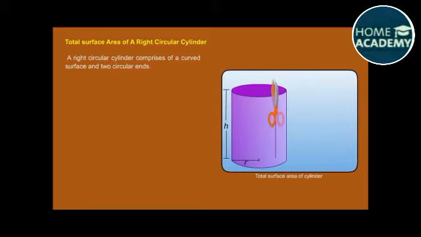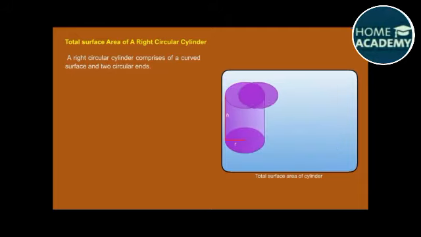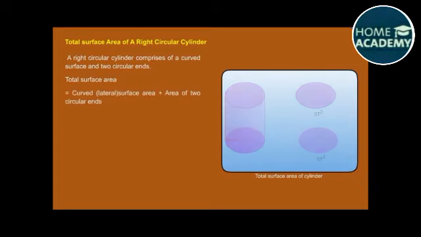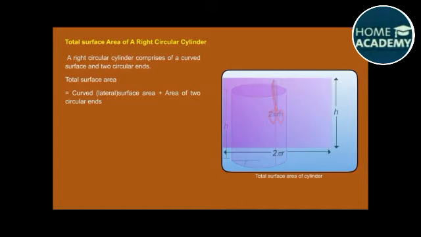Total surface area of a right circular cylinder. A right circular cylinder comprises a curved surface and two circular ends. Total surface area equals curved lateral surface area plus area of two circular ends.